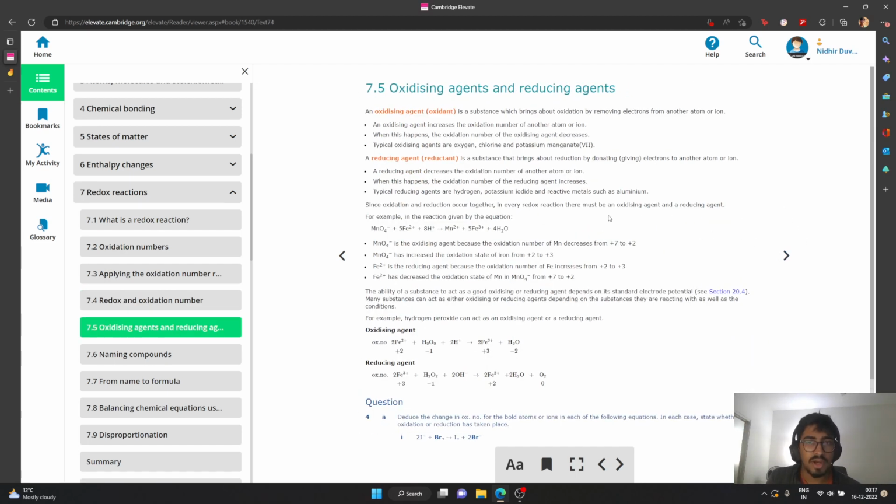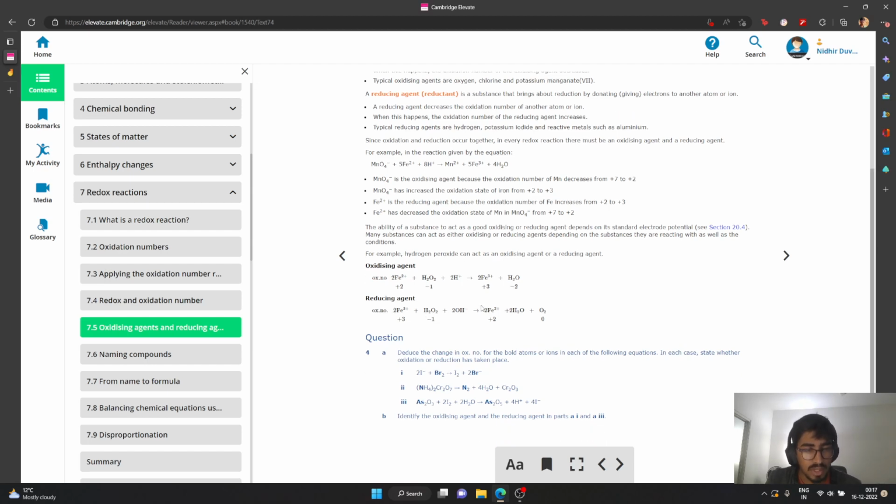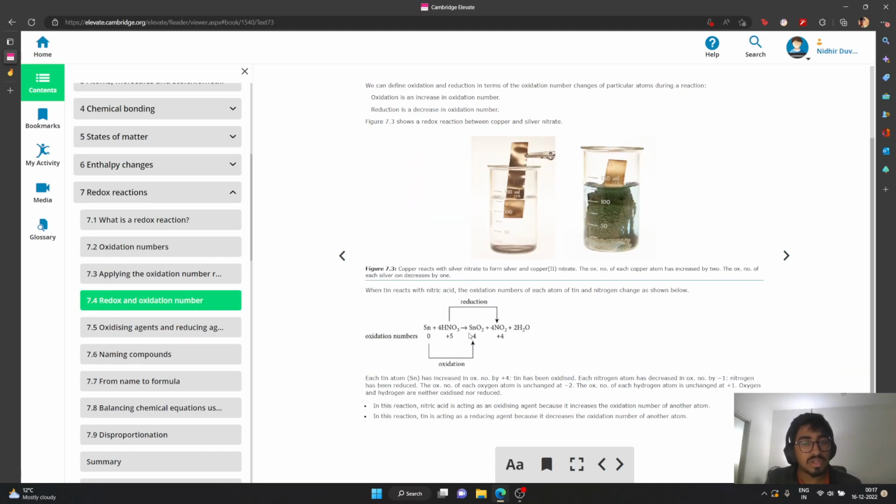Okay, fair enough. If you understand this, then we are good, which is what this talks about here. You should definitely try to understand what is happening here, but the concept remains the same. The idea is now we can just look at the reaction and calculate the oxidation numbers on all sides.